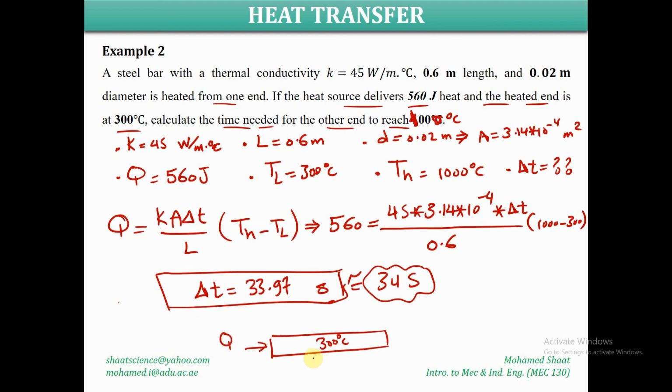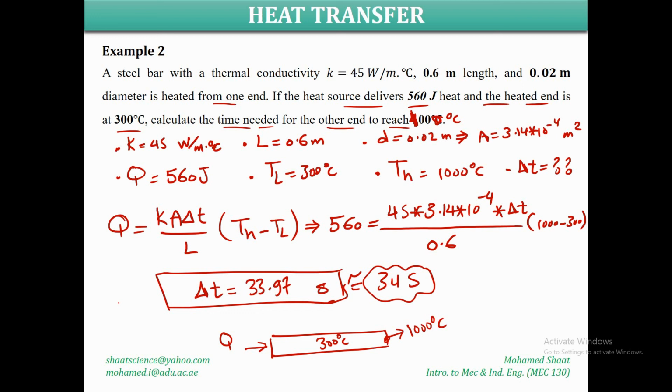In order to heat the bar entirely in such a way that the other end reaches 1000 degrees Celsius, we have to send the heat at a certain rate. The speed of sending the heat should be high, and we should deliver this heat very quickly, within a period of only 34 seconds. This is the time needed to deliver the heat to heat the entire bar.